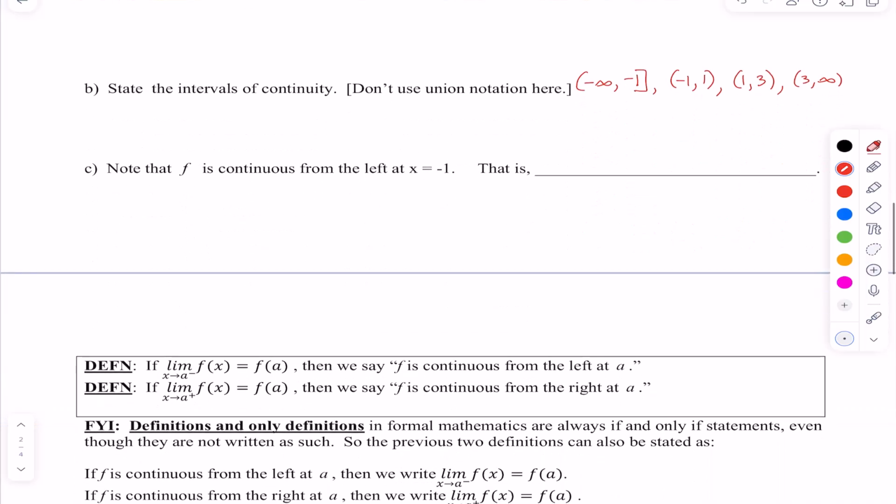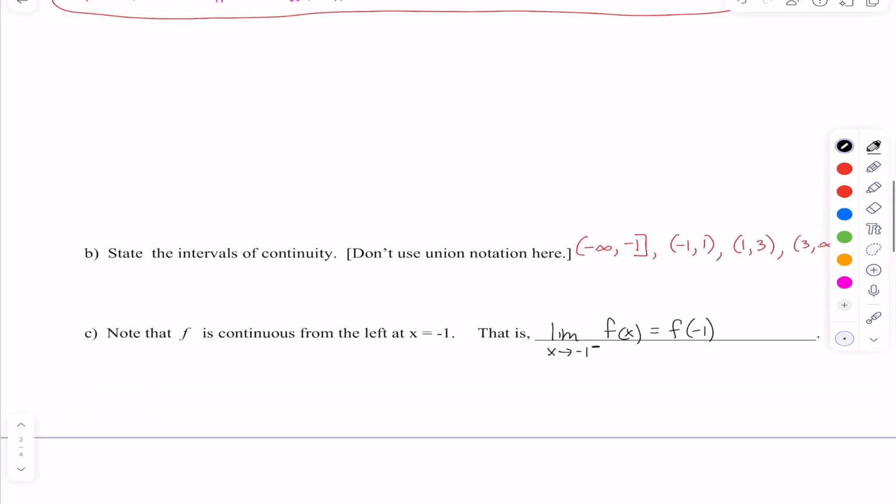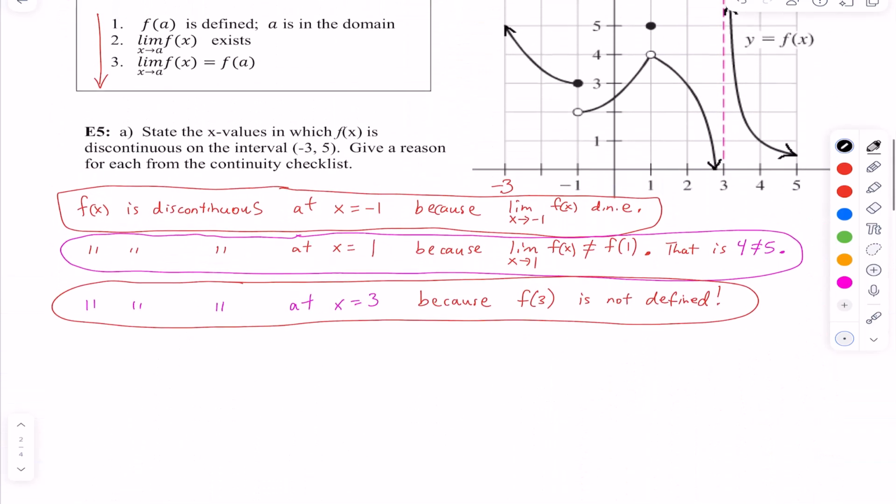You want to note that f is continuous from the left at x equals -1. That is, if you look at the limit as x approaches -1 from the left of this function, it does in fact equal f of -1. Take a closer look.